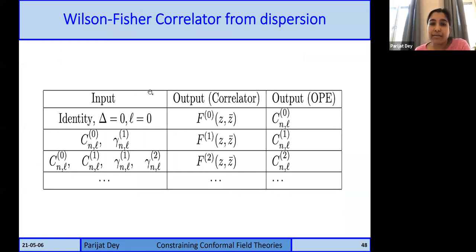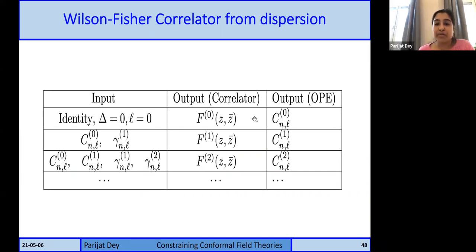So this is a summary of the dispersion relation. You start with the identity operator in the S channel, and then you compute the mean field theory correlator, which is F0. Then by decomposing this into a conformal block expression, you compute the OPE correction at 0th order.